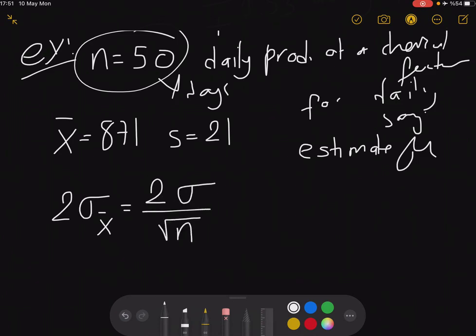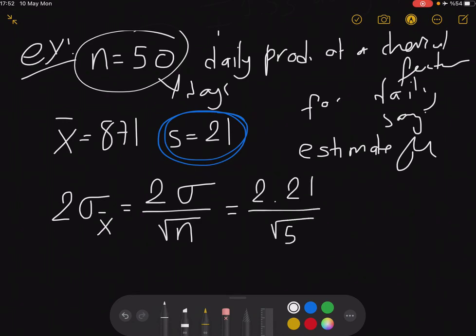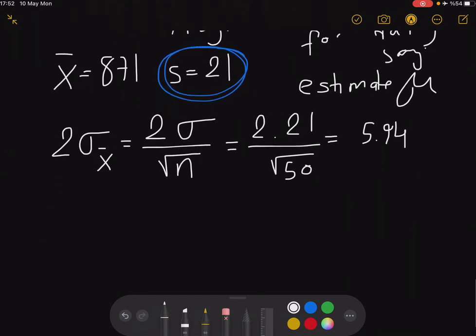This is our formula. However, we don't have sigma. This is rather tricky. But if you don't have it, you can go ahead and use it from samples. That's all you have. You don't have the real population value here. And you go ahead and use your calculator here, and you will have this difference.